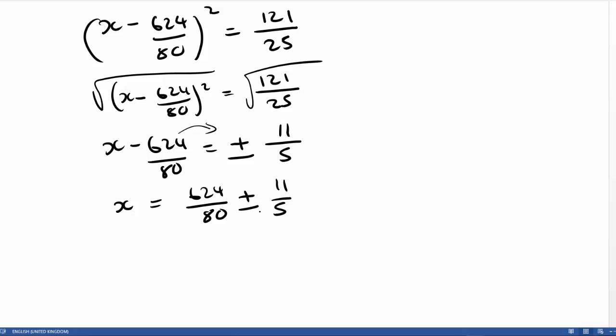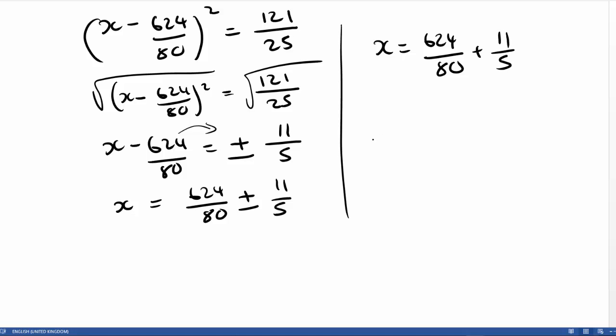So you're going to have two solutions. So let's do the first solution here. Okay, let's write it up here. So you're going to have x is equal to 624 over 80 plus 11 over 5. And then underneath, I'm going to write x equals 624 over 80 minus 11 over 5.